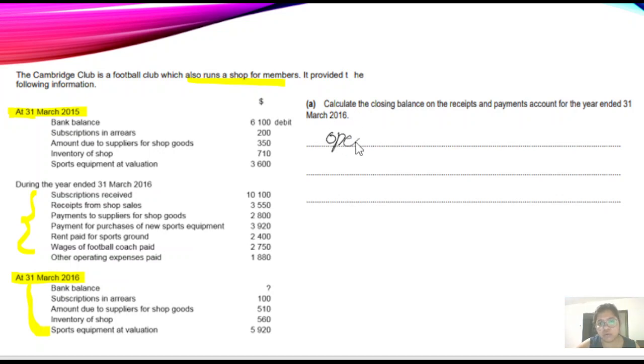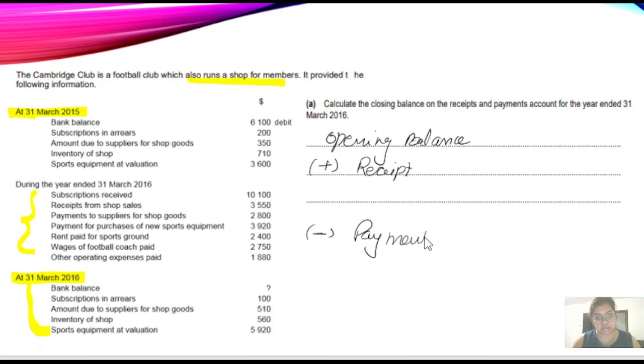First, write down the opening balance, and then whatever receipts you are having, you have to add those receipts, and whatever payments were made during the year, you have to deduct those payments, and then the balance is the closing balance.